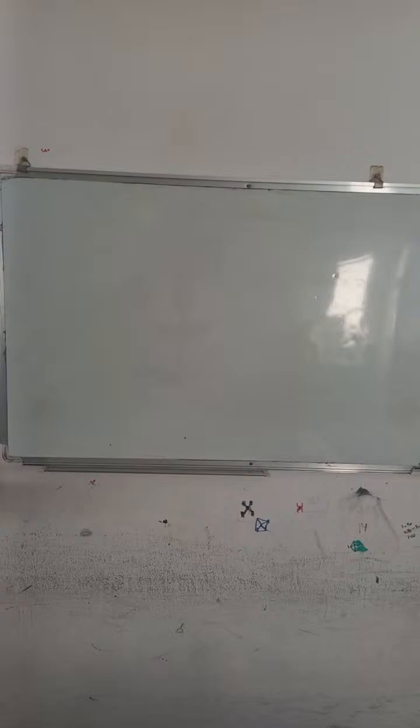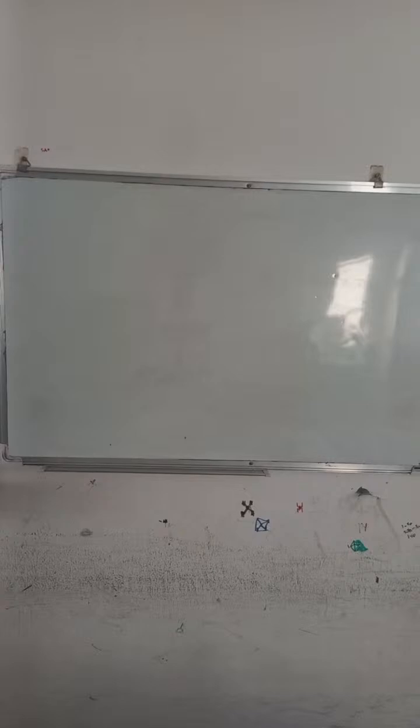D, 9 pi centimeter square. Okay, try to find out this. They are asking us to find out the area of the circle, no? Area of the circle that is inscribed in a square of side 6 centimeter.